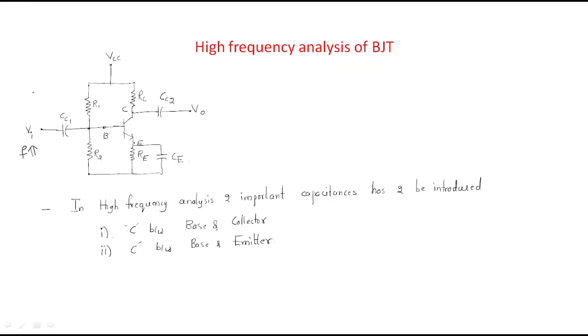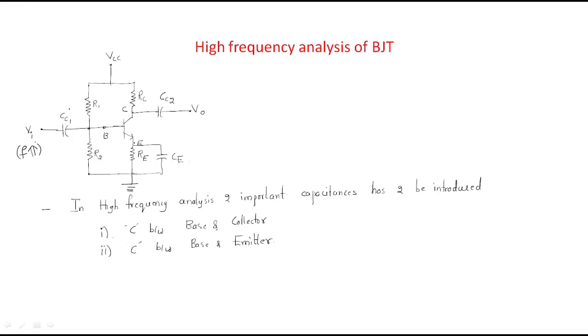So this is the general fixed biasing circuit. You already know about these things. We give the input and take the output. VCC is for the DC biasing, and this is the common emitter BJT. It has the emitter resistance, which has a bypass. CE is the bypass capacitance.